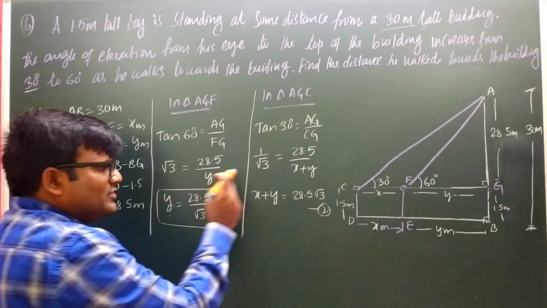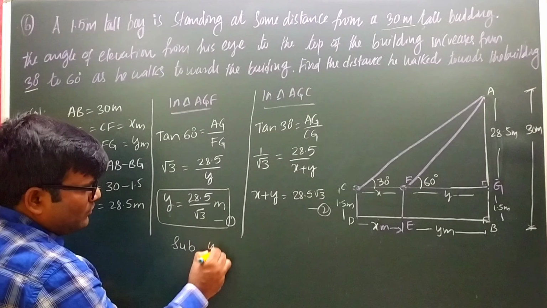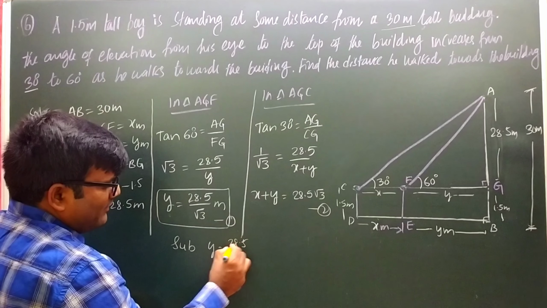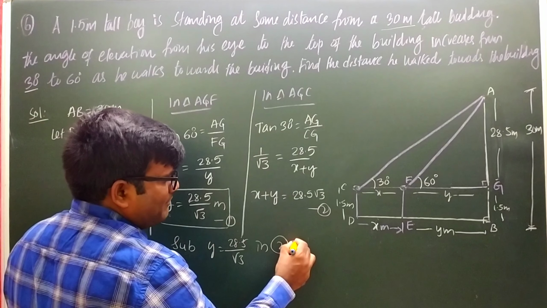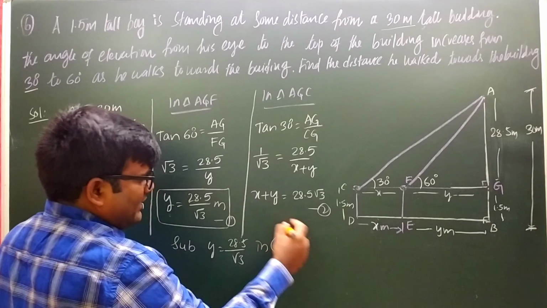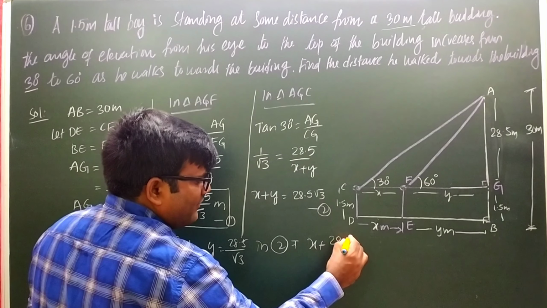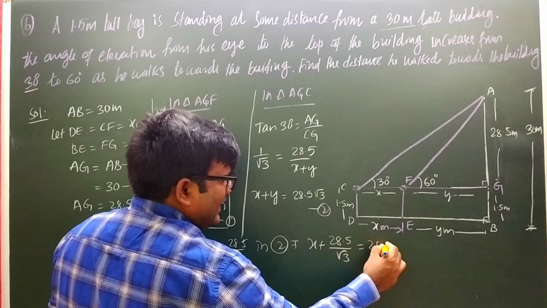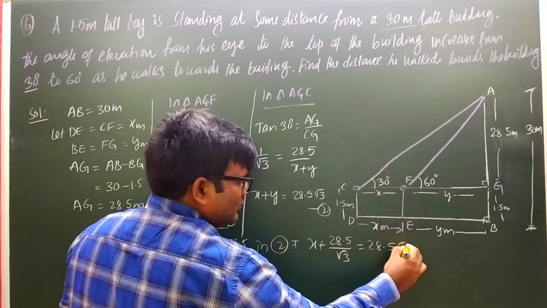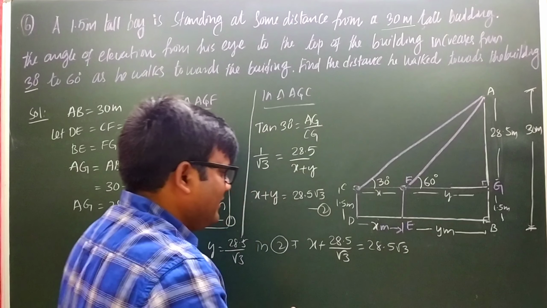Now substitute the y value in equation number 2. Substitute y is equal to 28.5 by √3 in the second equation. That implies x plus y, with the y value 28.5 by √3, is equal to 28.5 into √3. So transpose 28.5 by √3 to the right side.